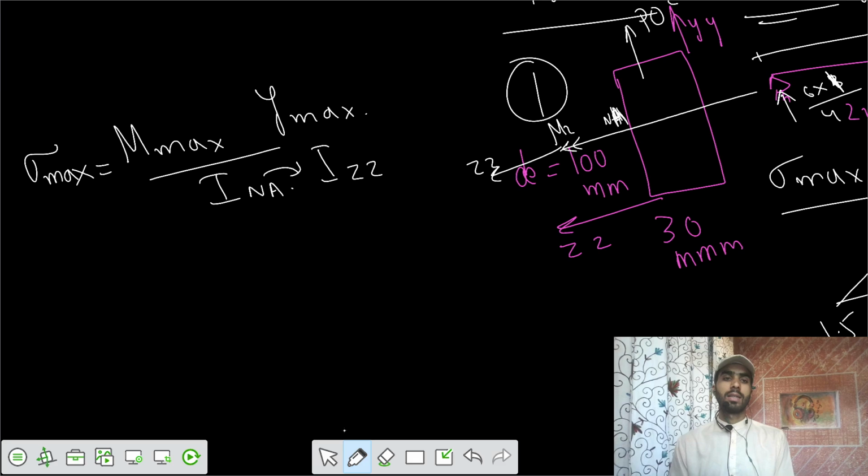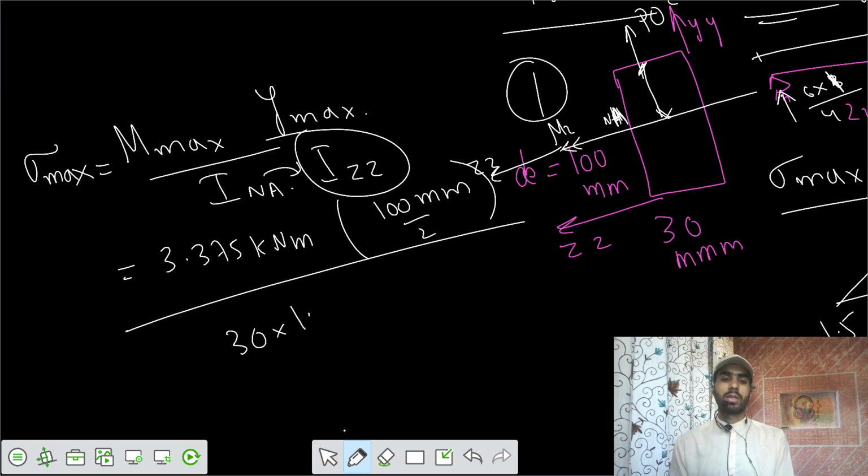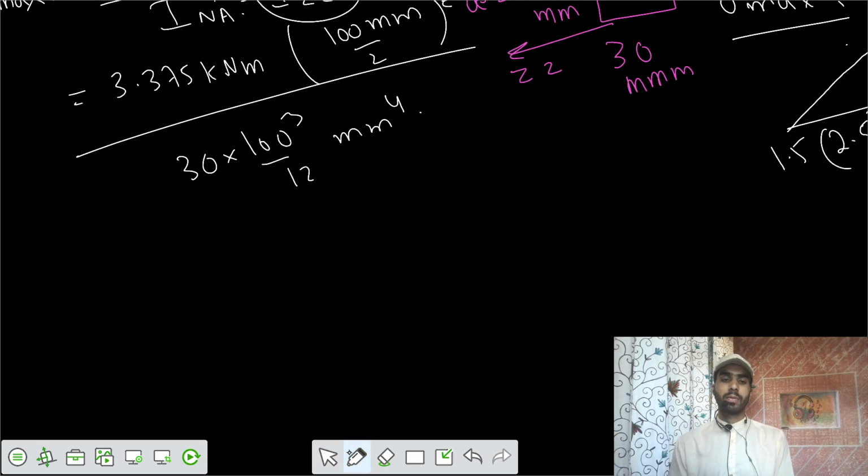If you use the value 3.375 kilonewton meter, and Y max equals 100 mm by 2, divided by the second moment of area about the neutral axis, that is 30 into 100 cube by 12 mm to the power 4, you get sigma max, in the x direction, a maximum bending stress of 67.5 megapascal.